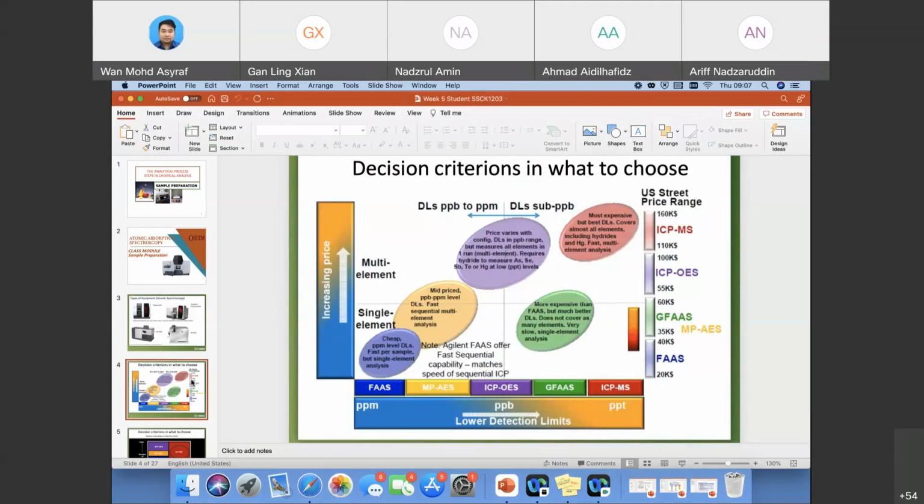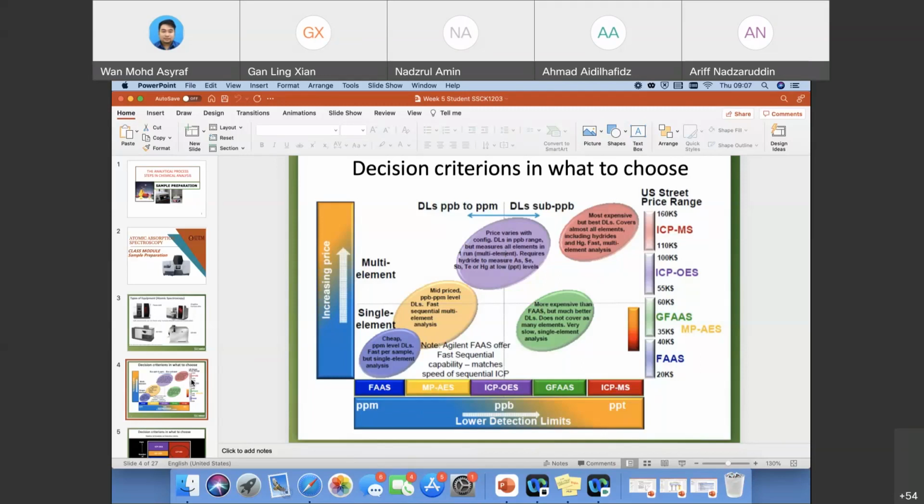Then you learned about different kinds of instruments. Now you are going to do your sample preparation prior to the instrument analysis, and you need to decide which instrument to use based on the resources that you have.